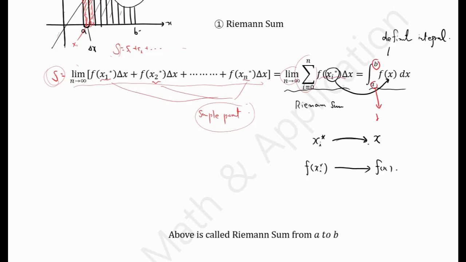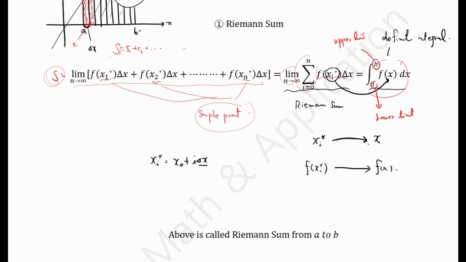The a is called the lower limit, and b is called the upper limit. This expression is called the definite integral, and xi star is x0 plus i delta x.